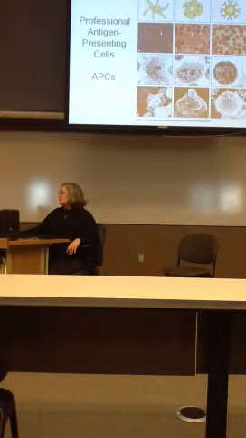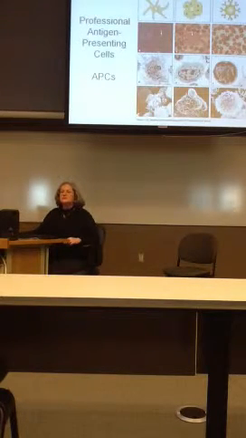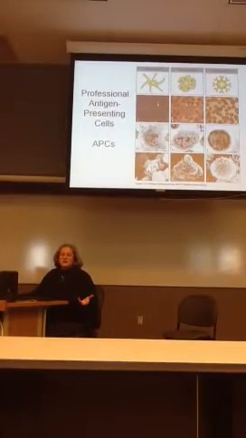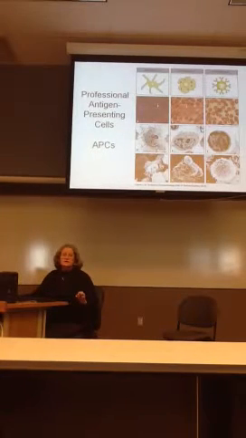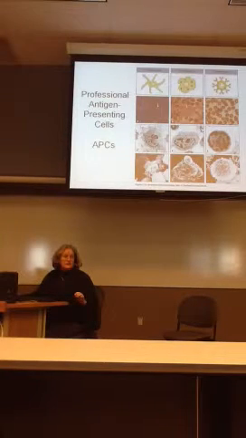These are the three professional antigen-presenting cells. These are the most important ones. These are the most efficient antigen-presenting cells. Other cells can be phagocytes and help clear bacteria, but these are the ones that are very good at engulfing antigen and processing it and presenting it to T cells, to activate T cells.